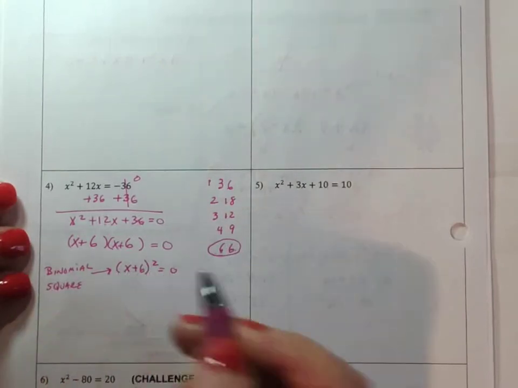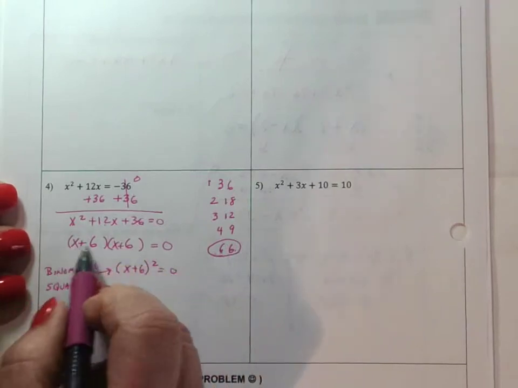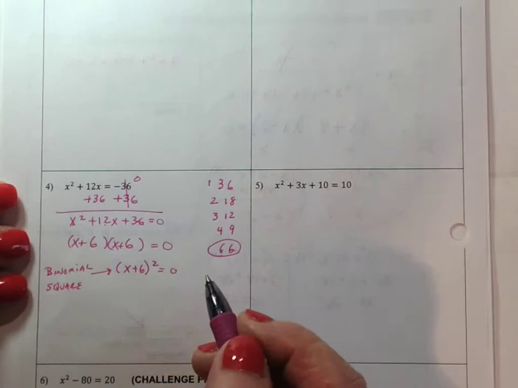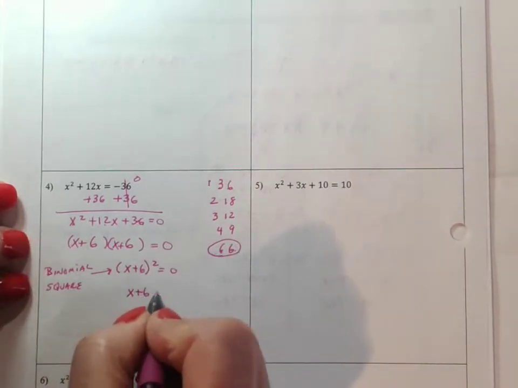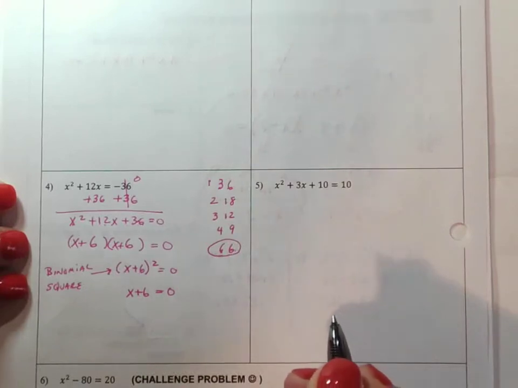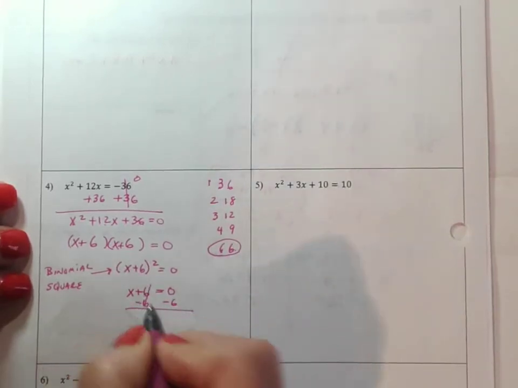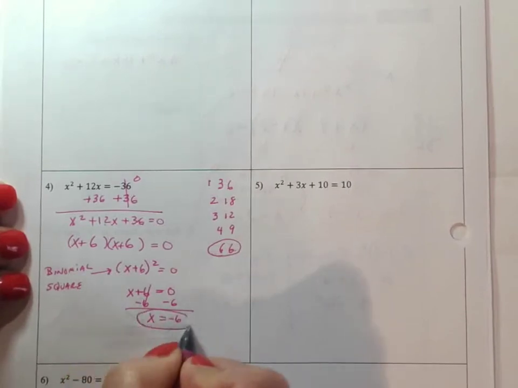You've got a binomial, you square it. Now, in this case, you don't have to set each of these factors equal to 0. You're only going to get one solution. So you're going to have x plus 6 equals 0, and mentally, x is equal to negative 6.